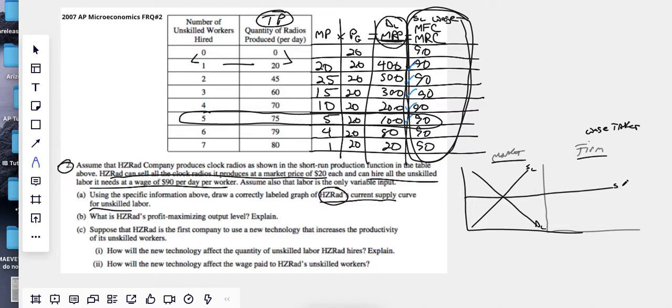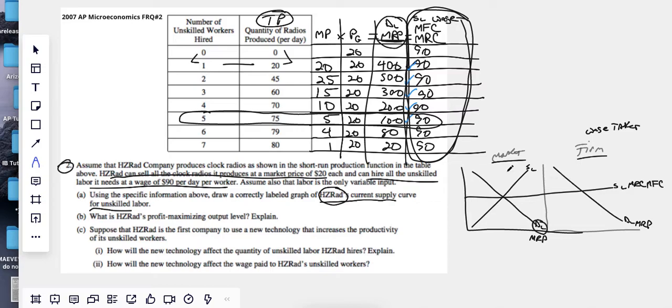So this is our supply of labor. We could also call it the MRC. We could also call it the MFC. Our demand for labor is downward sloping. This is our MRP. Now also recognize that this demand for labor is the market's demand for labor. This is everybody's MRP. So what affects the market has to affect our firm also.